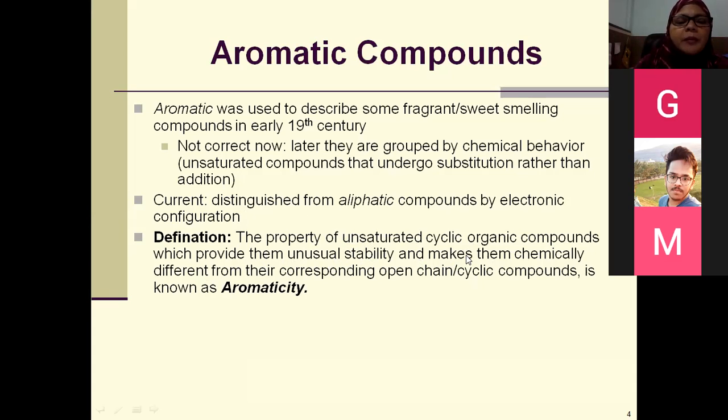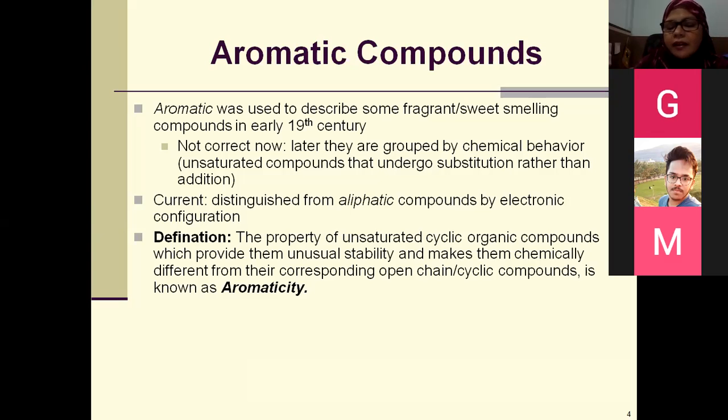So this is the definition of aromaticity: the property of unsaturated cyclic organic compounds which provides them unusual stability and makes them chemically different from their corresponding open chain compounds.